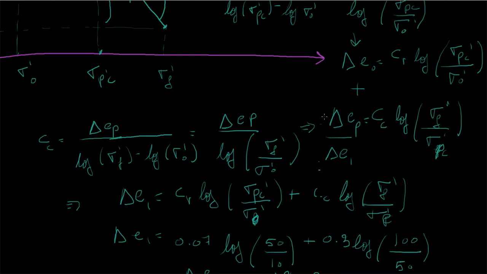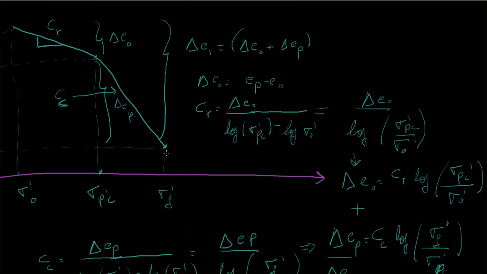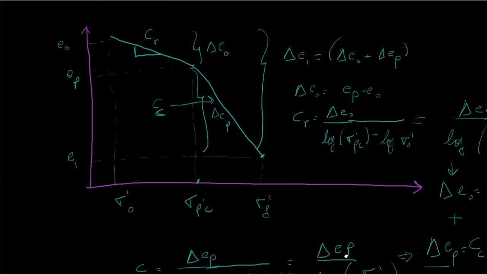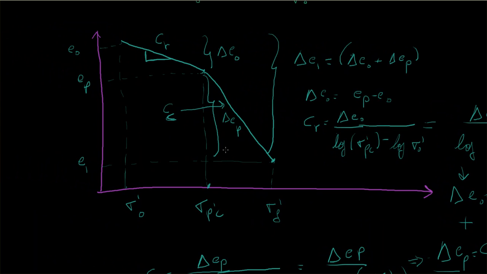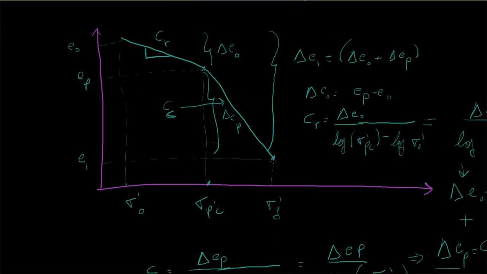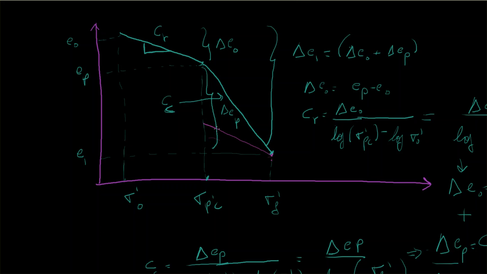And for the void ratio at the end of stage 2, we need to have a look at the graph. If we look carefully, we could see that at the end of stage 2, the stress reverses back. So we've reduced the stress to 50, which is here. That's stage 2. So now we're moving from this point to this point.